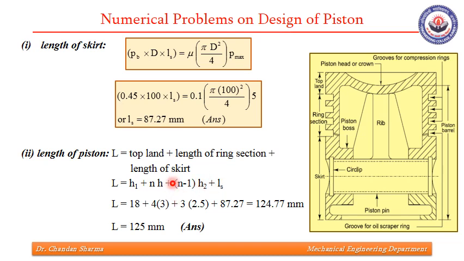When we put all the values, it comes out to be 124.77, say 125 mm, and empirical relation suggests that length of piston should be 1D to 1.5D. Since our D is 100 mm, the range is 100 to 150 mm, and what we are coming up with from the formula is 125 mm, which is in the permissible limits.